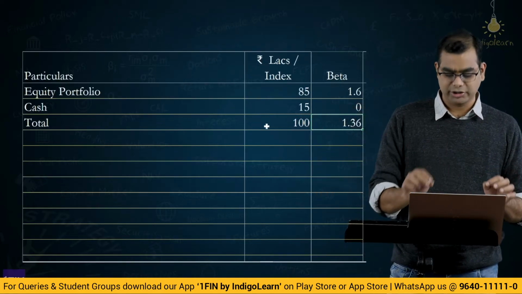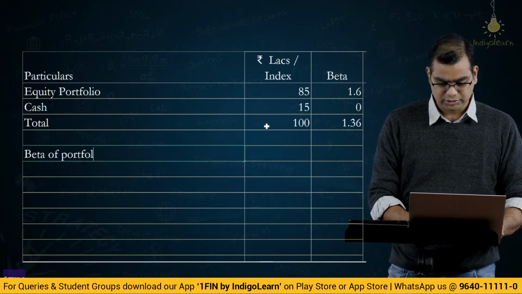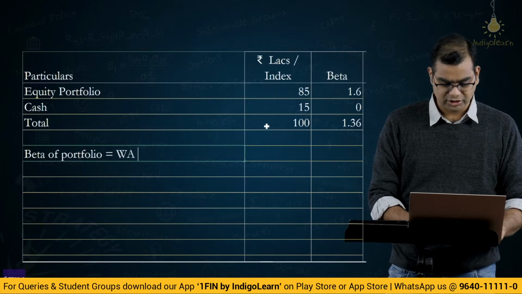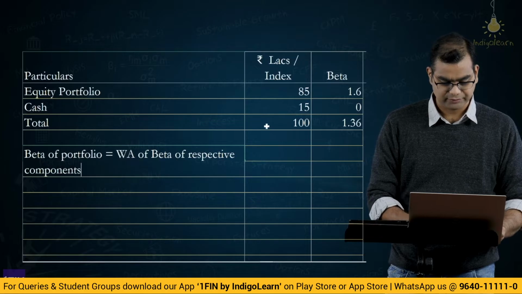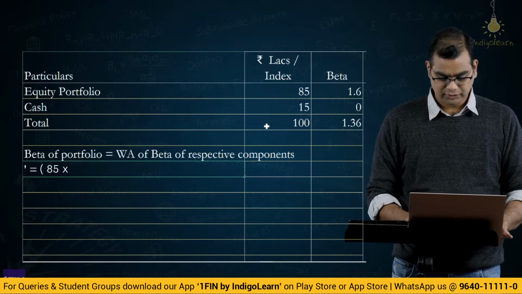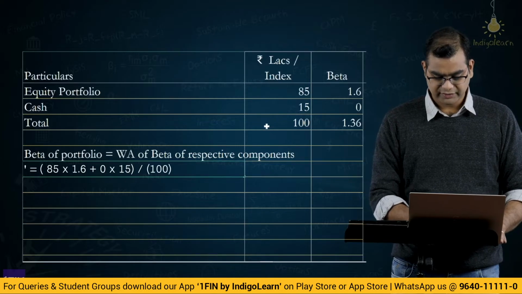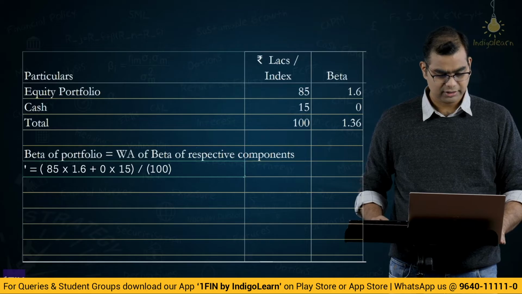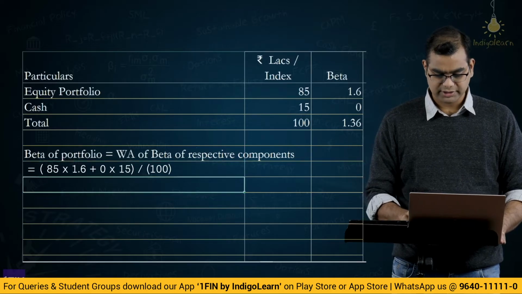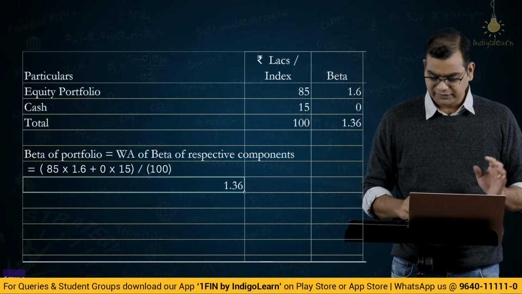In the explanation what you give, you actually have to write beta of portfolio is equal to weighted average of beta of respective components, that is 85 into 1.6 plus 15 into 0 whole divided by 85 plus 15, that is equal to 1.36. You have to actually write it like this. We finished the first part of the question.